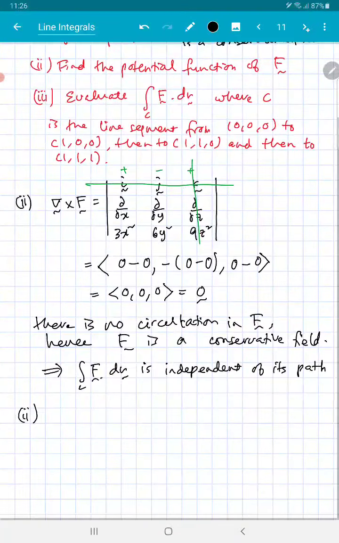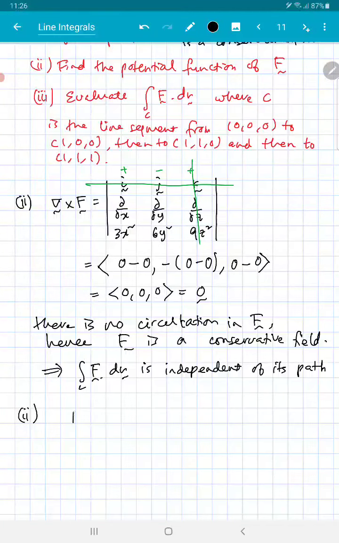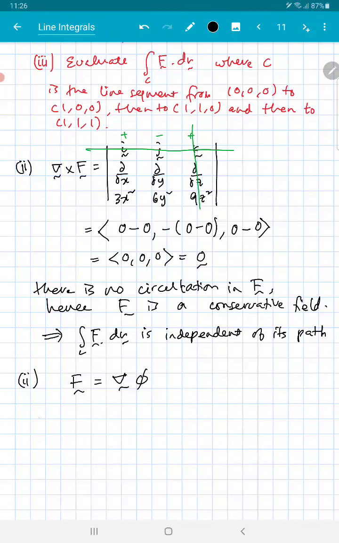Phi is going to be a function of x, y, and z. So we need to find the scalar function phi, the potential function.